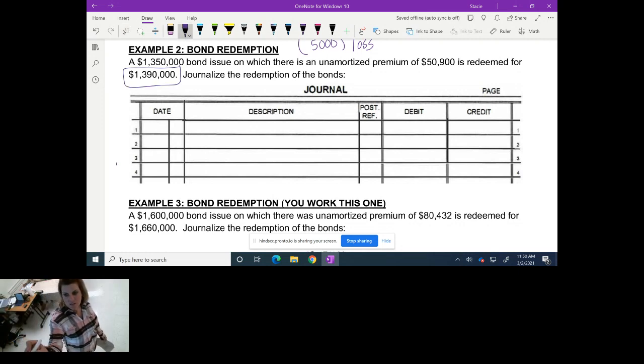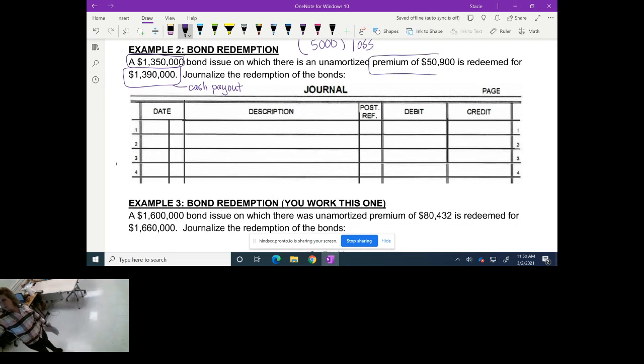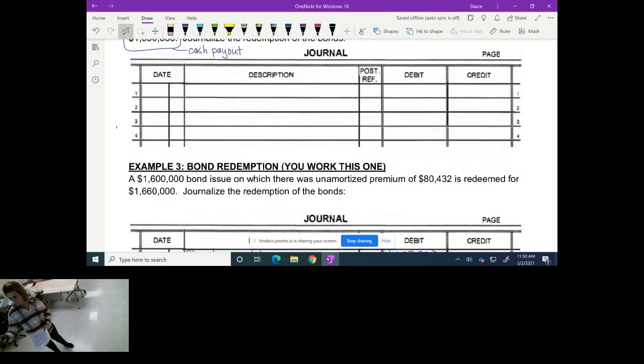So this is the cash payout, this is bonds payable, and this is your premium balance. If y'all want to, we can see if we got a gain or a loss before you start.